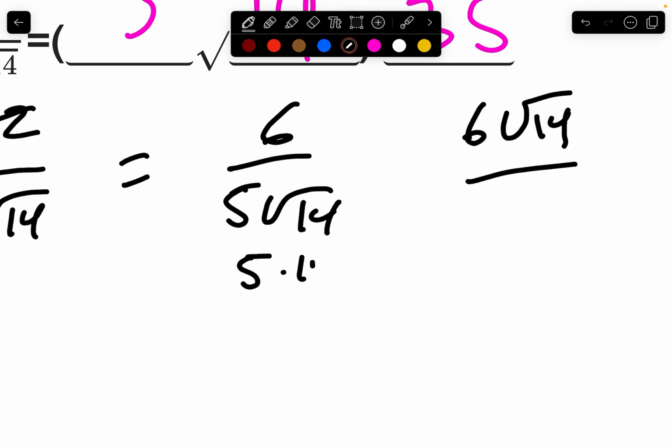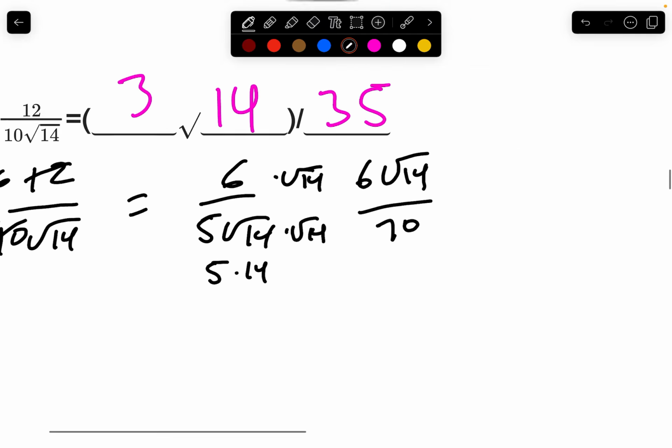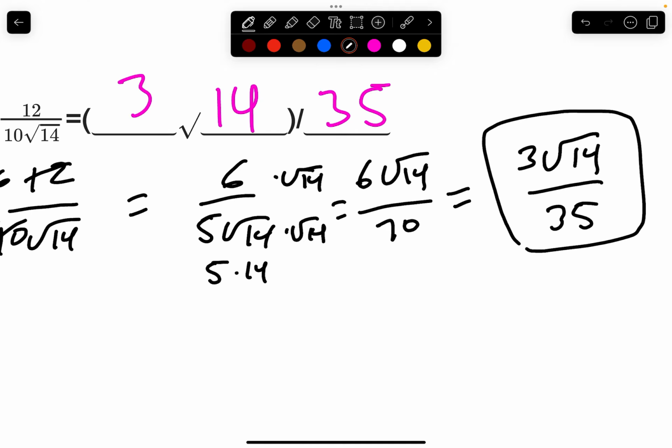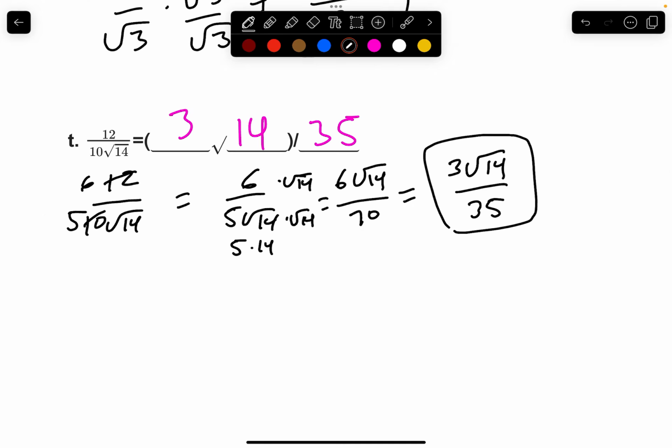This becomes 5 times 14 on bottom, right? That's times root 14 on top and bottom. And you get 5 times whole number 14. That's 50 plus 20. That's 70. Then we have to reduce. Divide by 2 would be 3 root 14 over 35. You are not done until you have fully reduced and fully simplified.